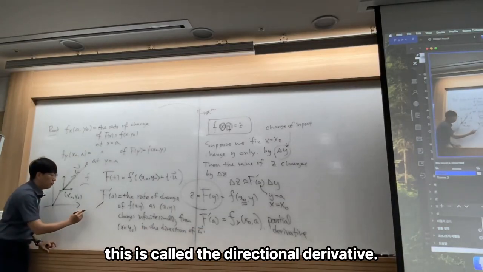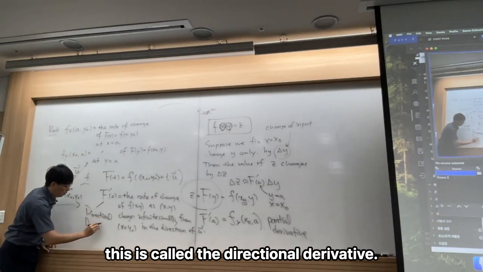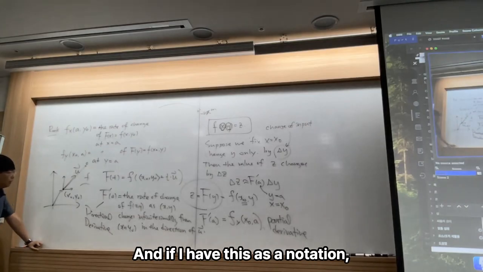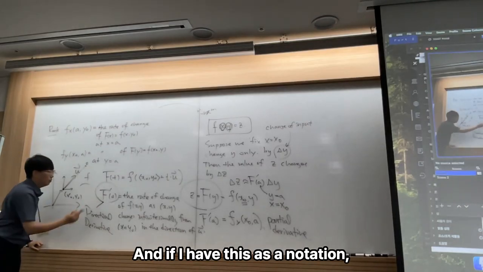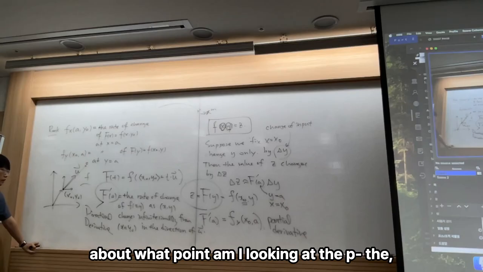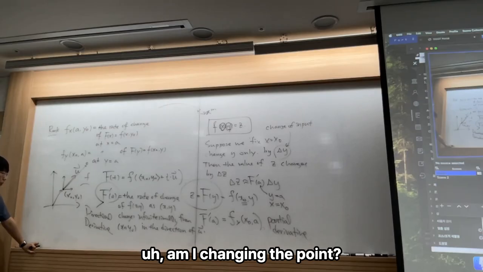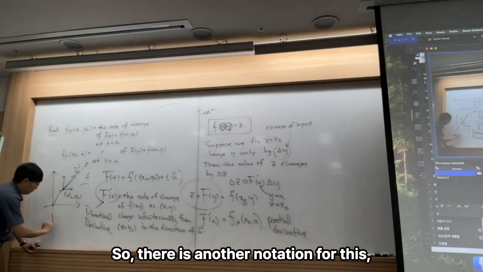So this is called the directional derivative. And if I have this as a notation, then it lacks information about what point I am looking at the change of the function, and in what direction I am changing the point. So there's another notation for this.